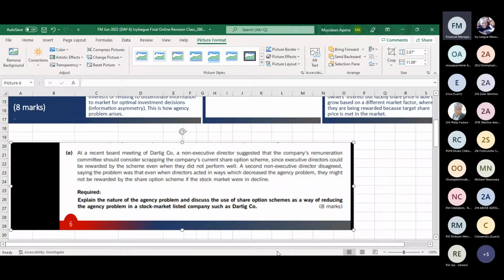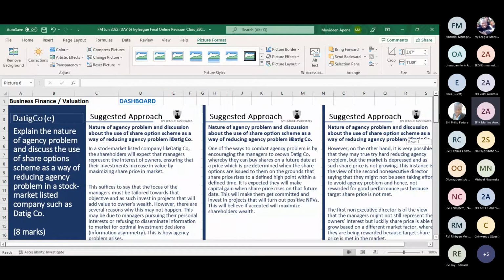So you are asked to explain the nature of agency problem. What leads to agency problem? And then discuss the use of share option schemes as a way of reducing the agency problem in a stock market listed company such as Datico. Hello? Yes, sir.